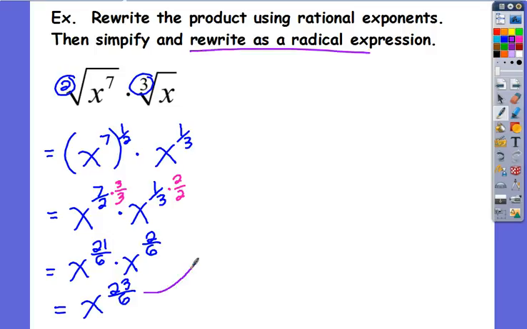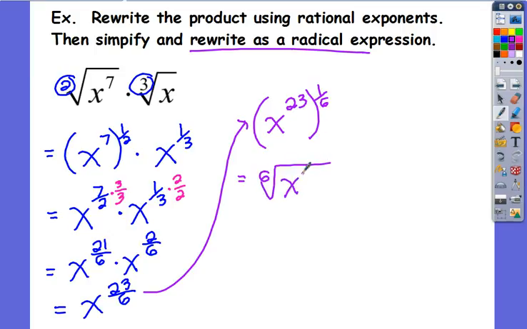Well, sure. So this is like saying x to the 23rd to the 1/6 power, or the 6th root of x to the 23rd. And then if you think of what we did last week, or the previous lessons, 6 divides into 23 3 times evenly, so you might be thinking something like this, 6th root of x to the 18th, that's x cubed.